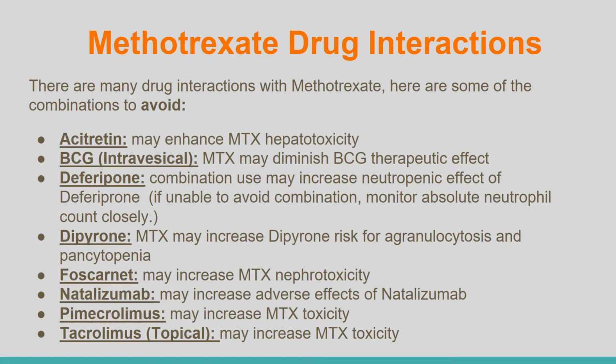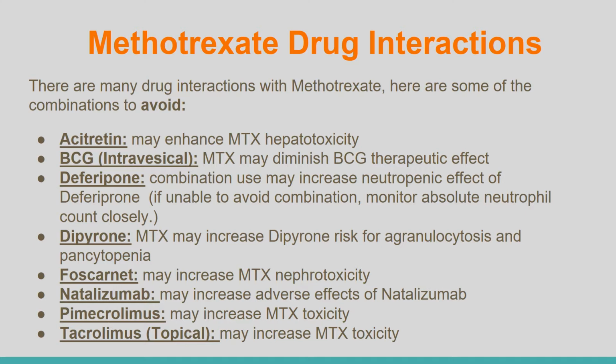There are many drug interactions with methotrexate. Here are some of the combinations to avoid. Acitretin may enhance methotrexate hepatotoxicity. BCG intravesical: methotrexate may diminish BCG therapeutic effect. Deferiprone: the combined use of deferiprone and methotrexate may increase the neutropenic effect of deferiprone. If unable to avoid the combination, monitor absolute neutrophil count closely.